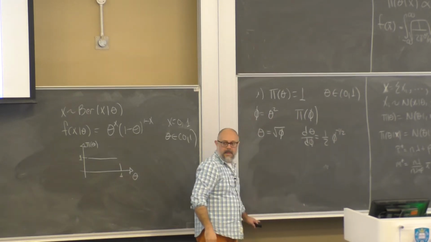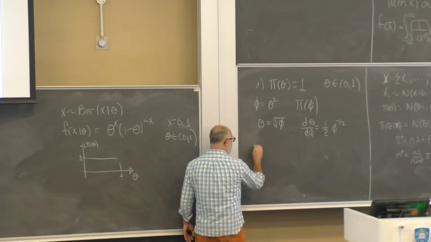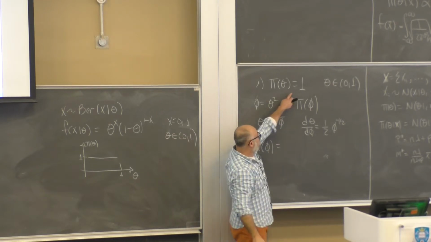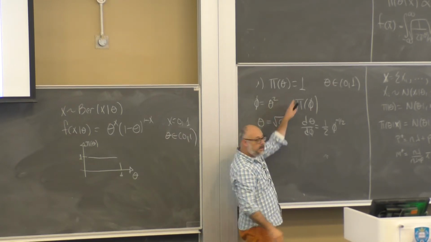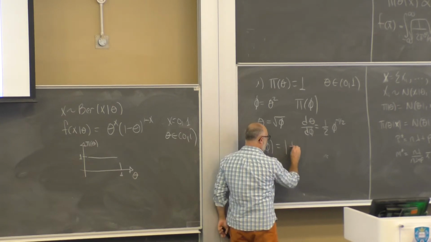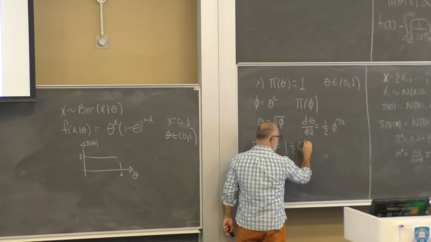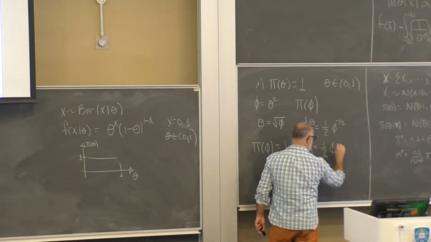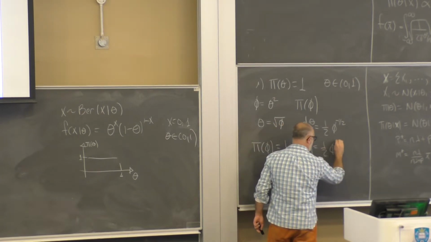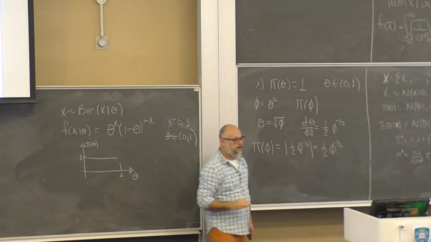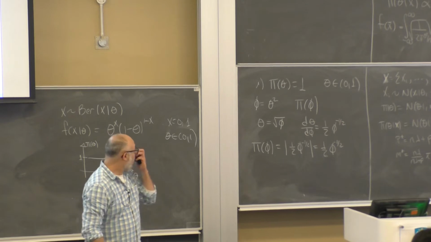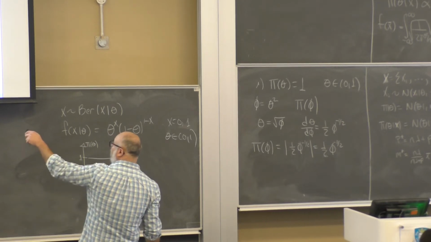And that means that I can now calculate pi of phi as pi of theta evaluated at phi, that is 1, times the absolute value of the Jacobian, right? And that's what we have there, okay?